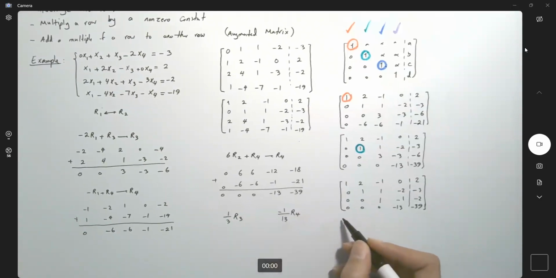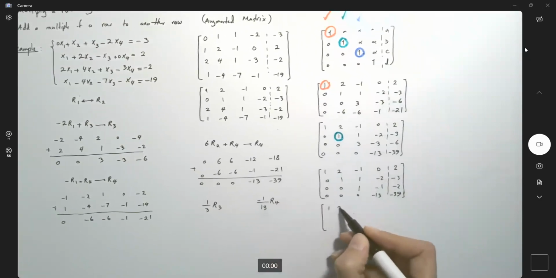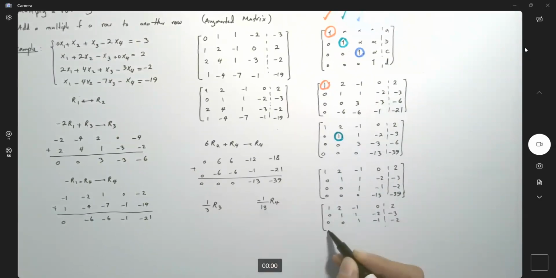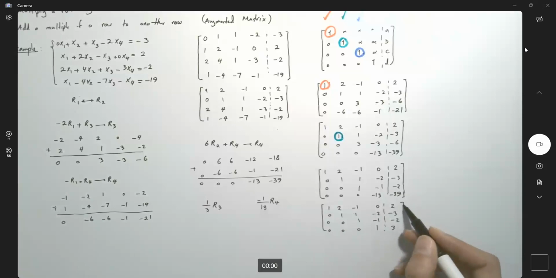So my matrix becomes 1, 2, -1, 0, and 2, 0, 1, 1, -2, -3, 0, 0, 1, -1, and -2, 0, 0, 0, 1, and here I have 3. Very good. So your matrix is reduced.